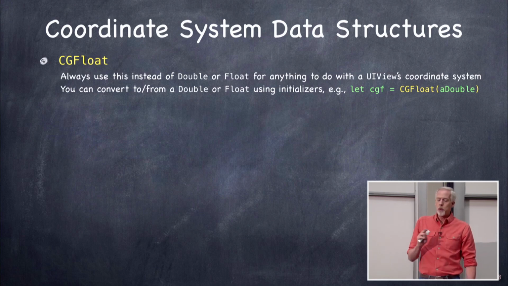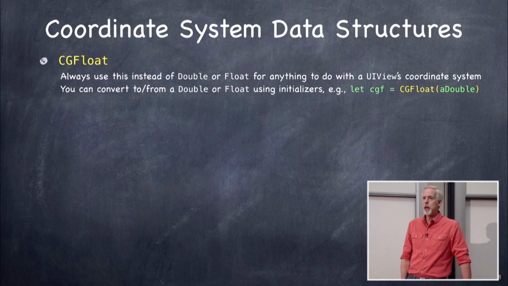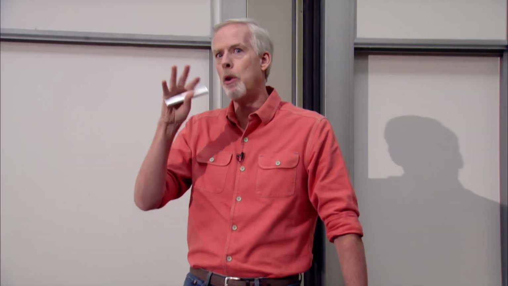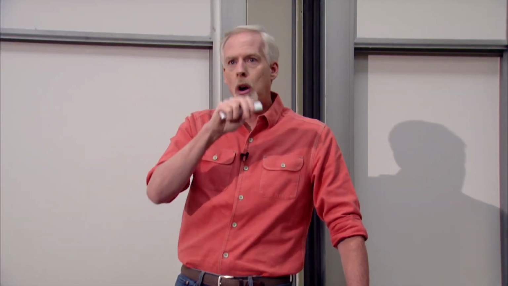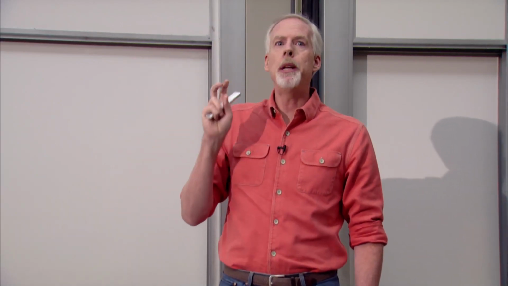So core graphics has these 4 types that are just critical to being able to say anything about drawing. One is CG float. All drawing is in a coordinate system that's floating point numbers. So you're drawing in a floating point coordinate system, not integers. When you say where you want to draw, every point you're doing with floating point numbers, and those floating point numbers have to be CG floats.